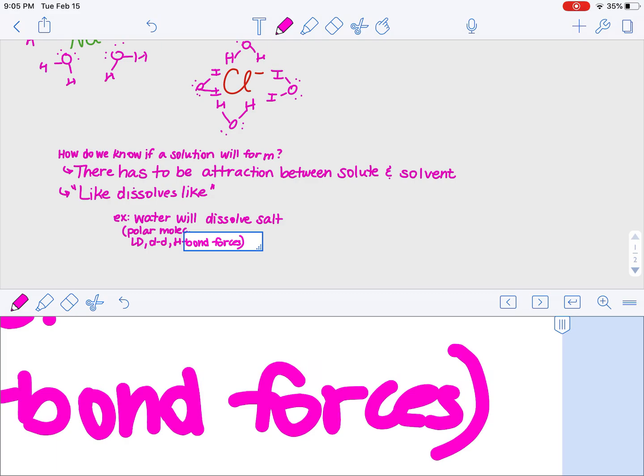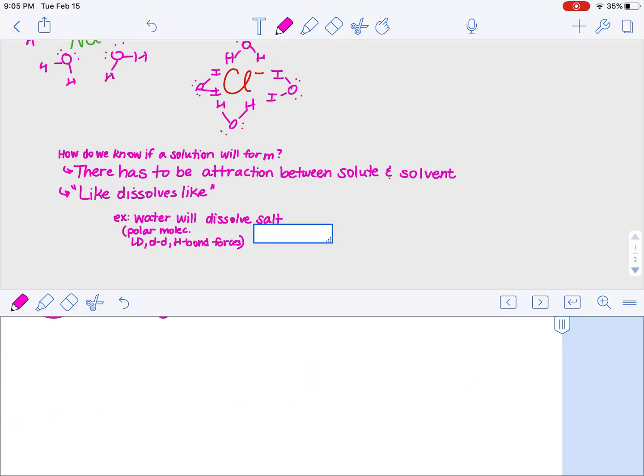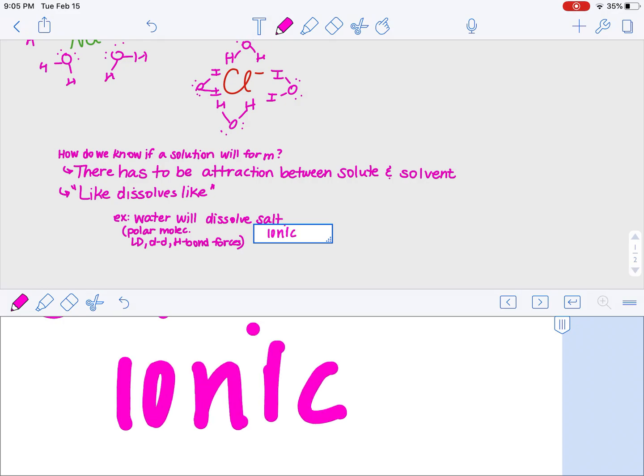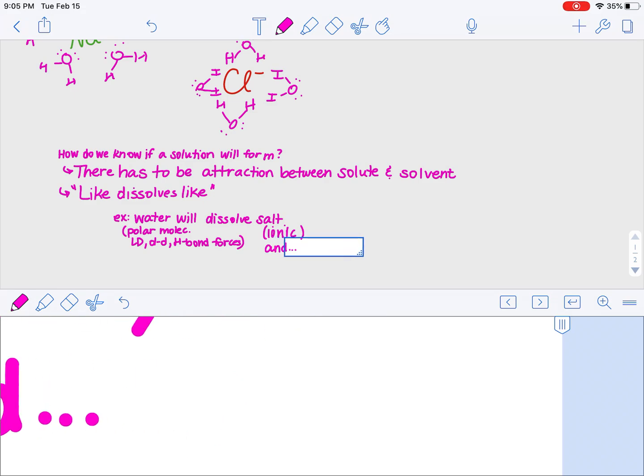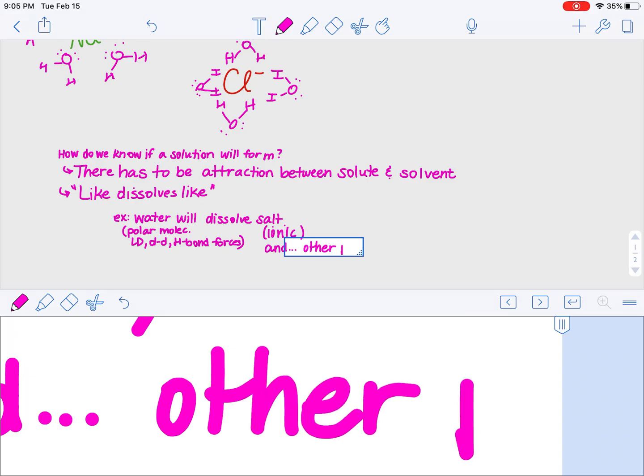It is going to have the ability to dissolve salt, which we know has ionic forces. And even though it wasn't part of our example, because of the slogan, like dissolves like, it will be able to dissolve other polar molecules.